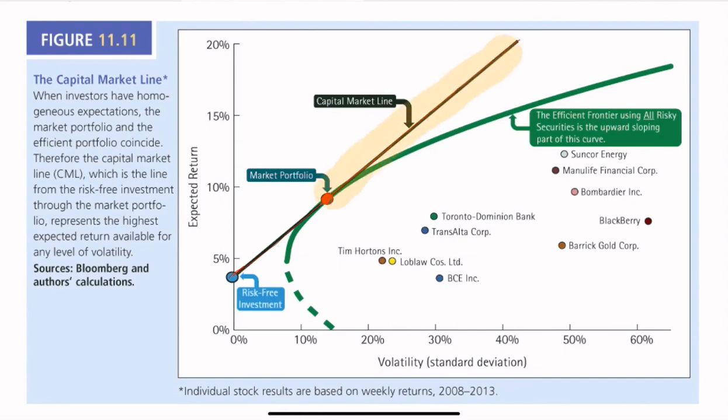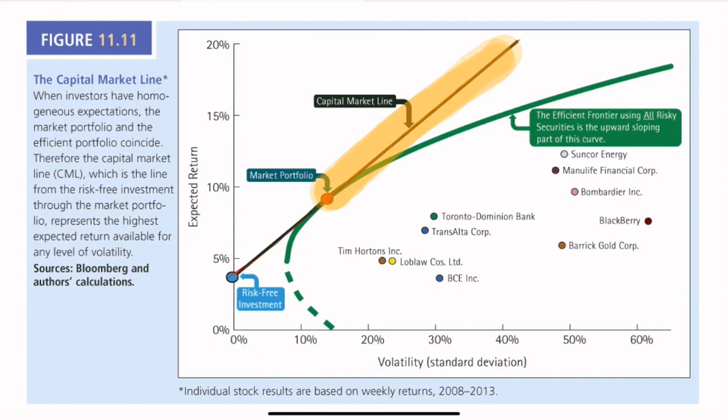You will essentially borrow money to invest in the market portfolio. And you can see that it's risky because if you're on this side, you have higher volatility and you're also compensated with higher return.